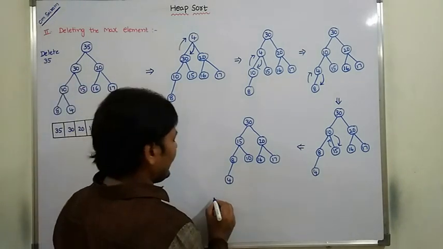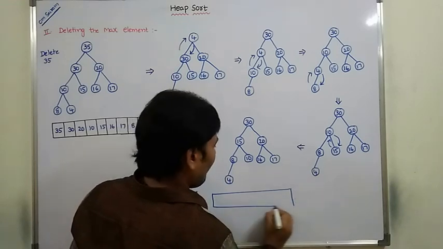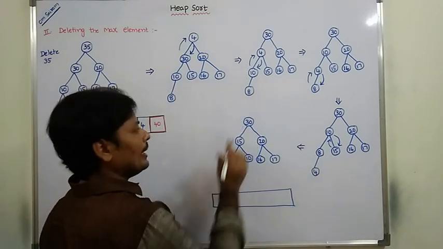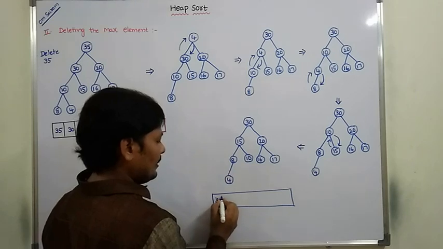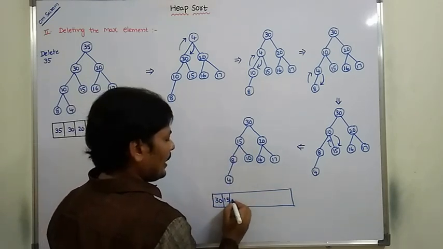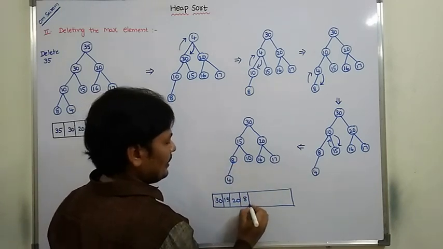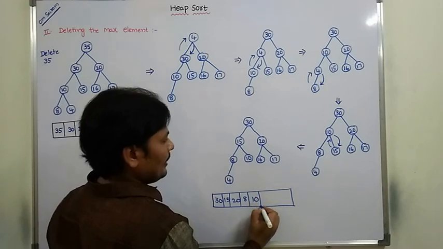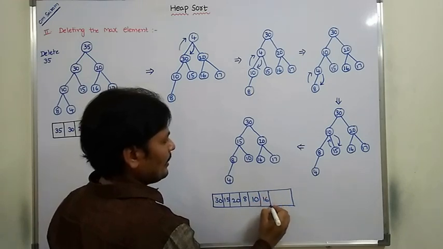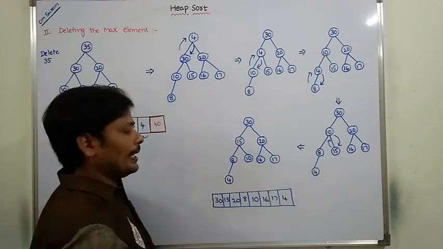So after deleting 35, what is the binary representation we are getting? First 30, at the first level; second level 15 and 20; third level 8, 10, 16, 17 and 4 we are getting.